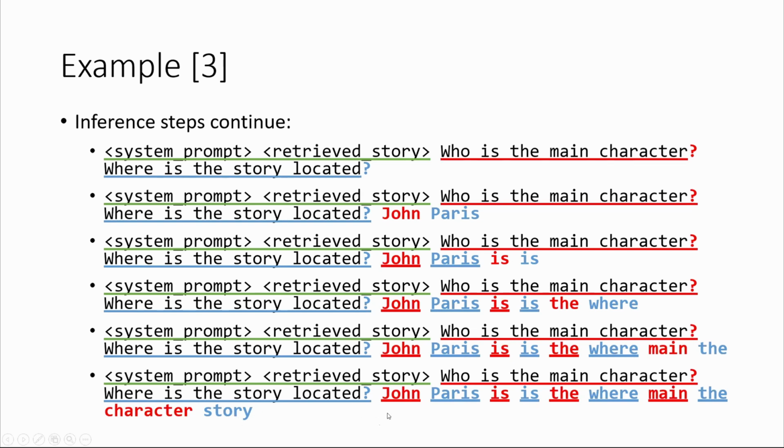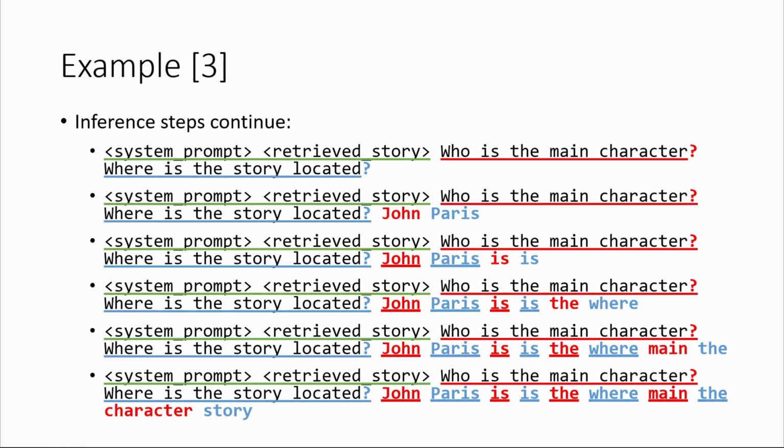Okay, so we have 1, 2, 3, 4, 5, 6, 7, 8, 9, 10 tokens that we've generated 100% accurately, as if you had just asked the red and the blue questions separately after the system prompt and the retrieve story. We have 10 tokens that are exact, correct next token predictions, but it only took us 5 inference steps.